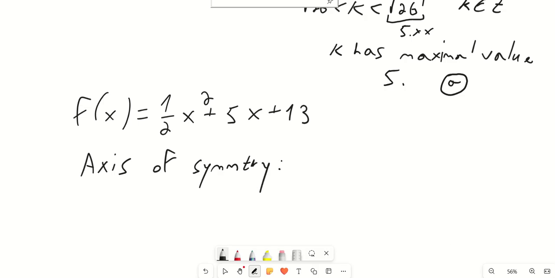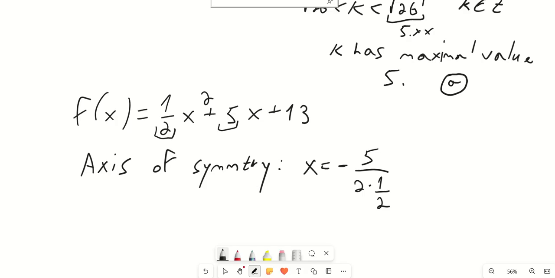The axis of symmetry is always, we have to take the coefficient of x and then put it in the numerator, and in the denominator I have to put 2 times the coefficient of x squared.